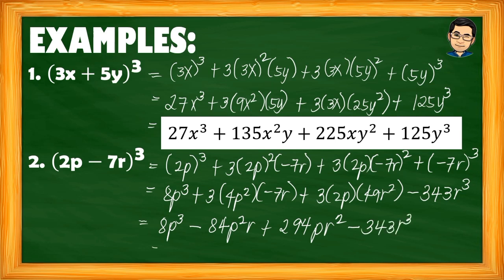So our final answer will be 8p cubed minus 84p squared r plus 294pr squared minus 343r cubed.